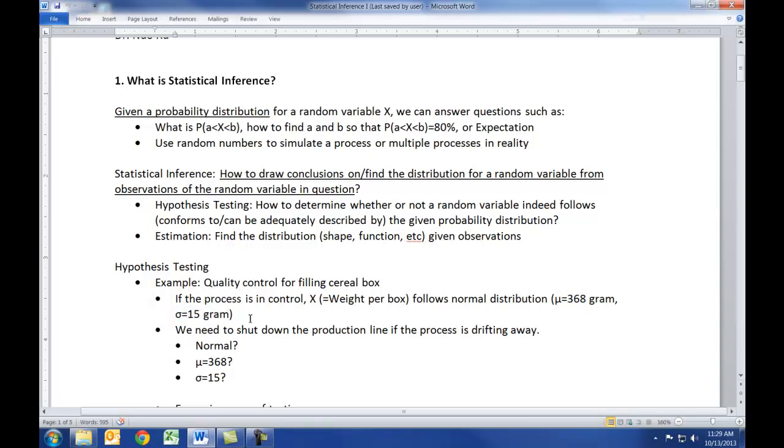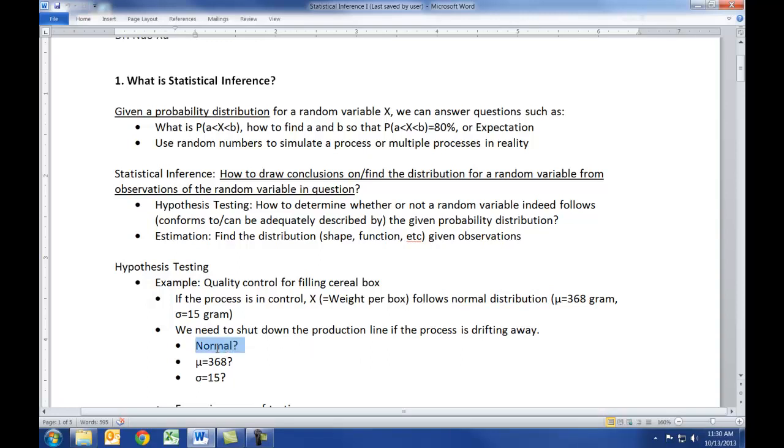So the quality policy requires us to shut down the production line if the process is drifting away from this specified normal distribution. So obviously we need to look at three things.